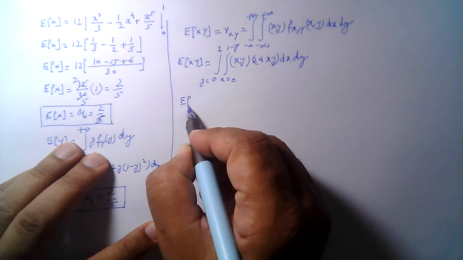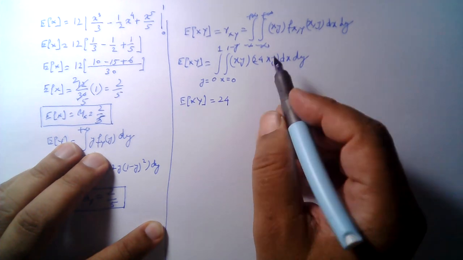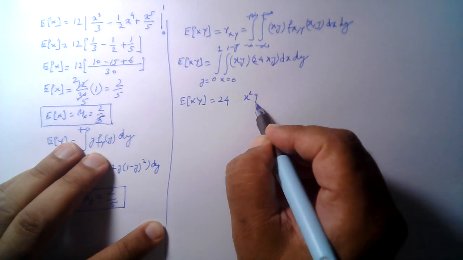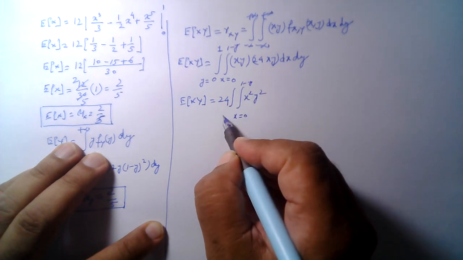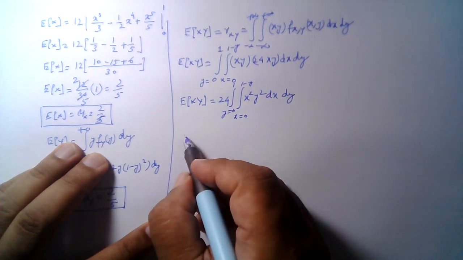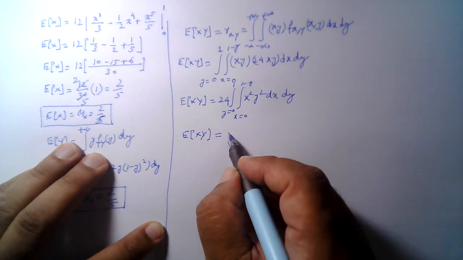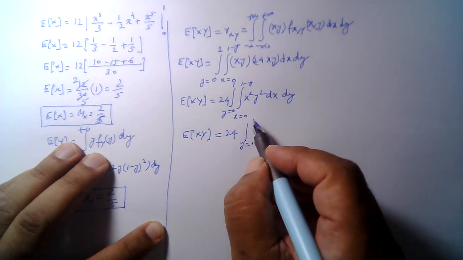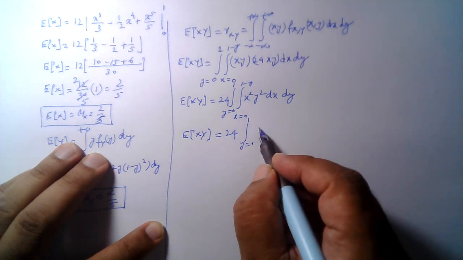So let's proceed. xy times 24xy is 24 x squared y squared, with x from 0 to 1 minus y, and y from 0 to 1, dx dy. So the expected value of xy is equal to 24, y from 0 to 1, and integrating with respect to x, this will be x cubed over 3.